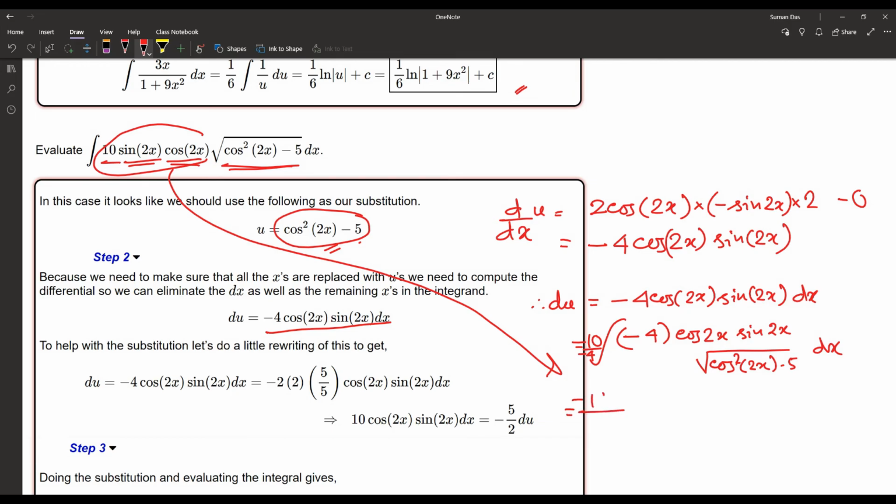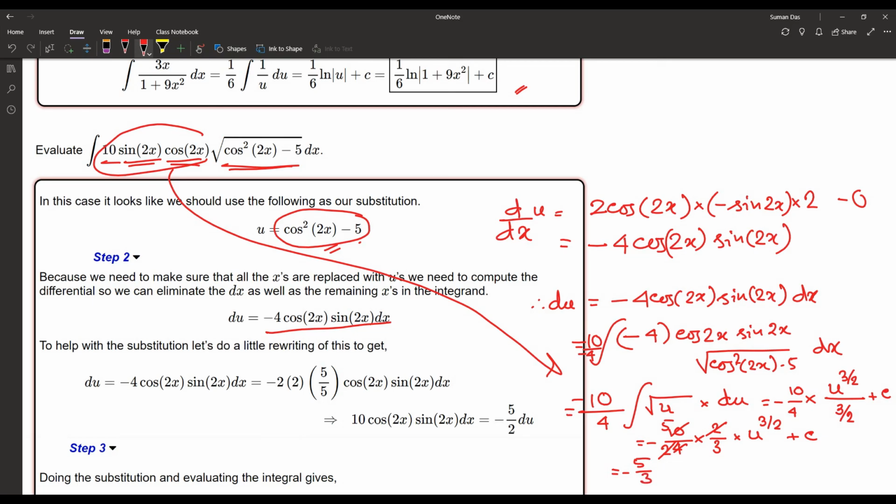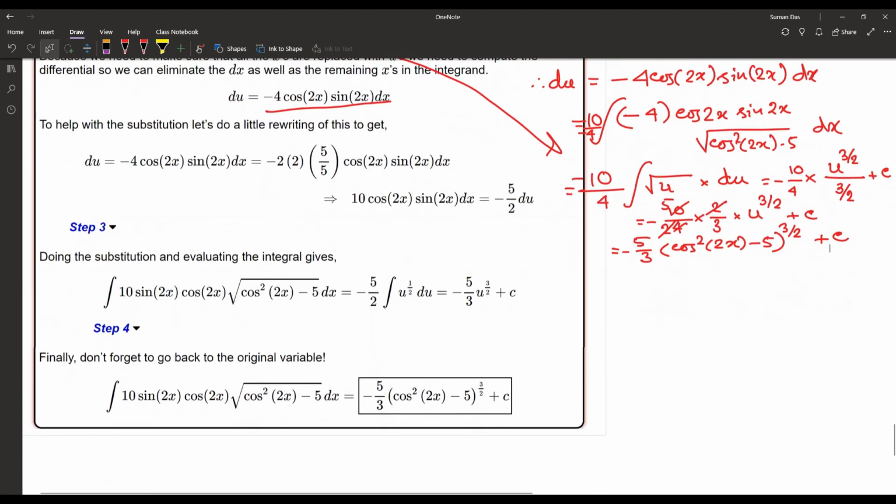So that is equal to -10/4 times the integration of square root u du, or finally -10/4 times u^(3/2)/(3/2) plus integration constant, or -10/4 into 2/3 into u^(3/2) plus integration constant, or here that is -5/3 times (cos^2 2x - 5) to the power 3/2 plus integration constant.